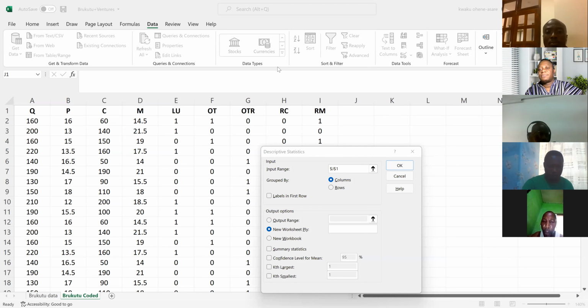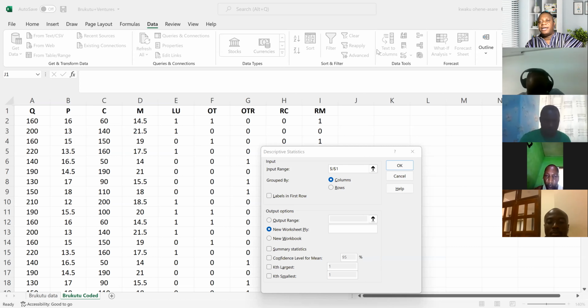Farouk, ask a question. It's just the steps. You asked us to click on data, and then after that we got lost. So when you click on data, then in the list you see a pop-up will come. Then you double click descriptive statistics.